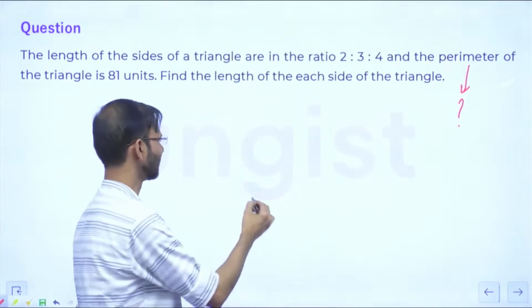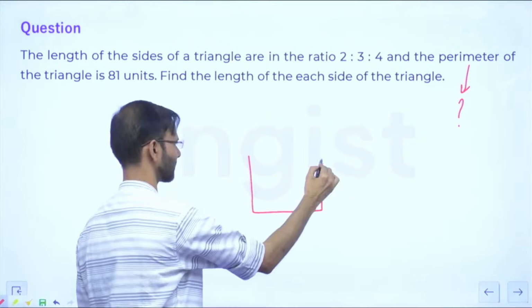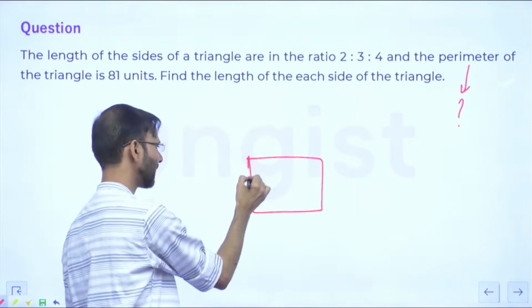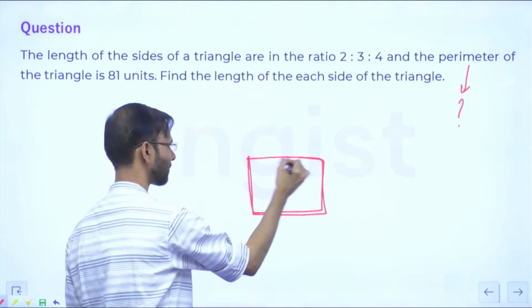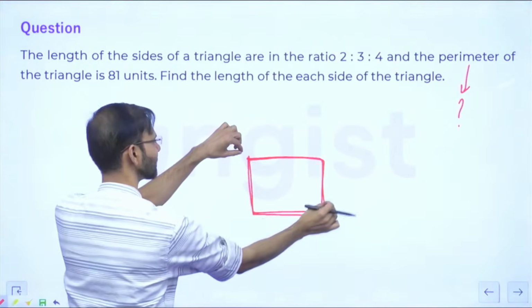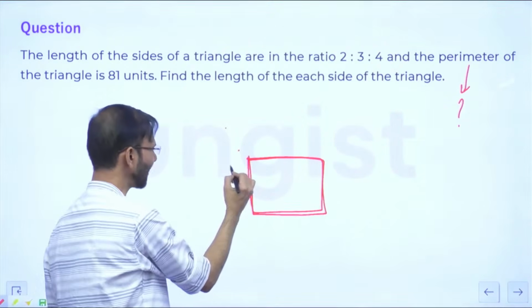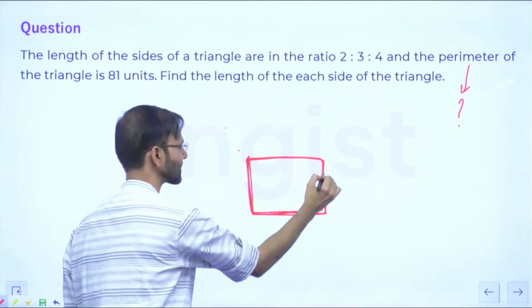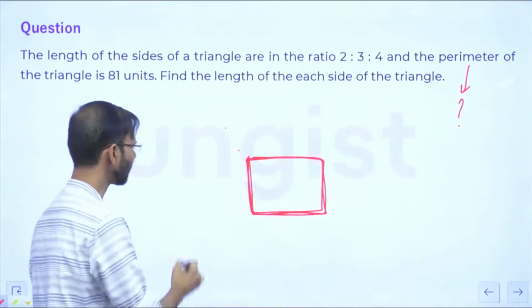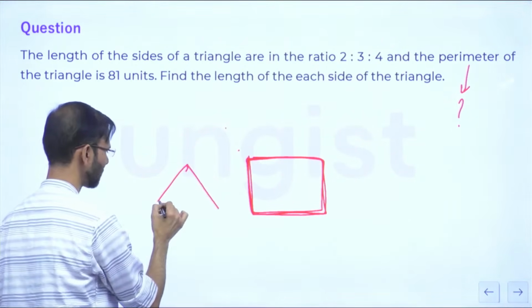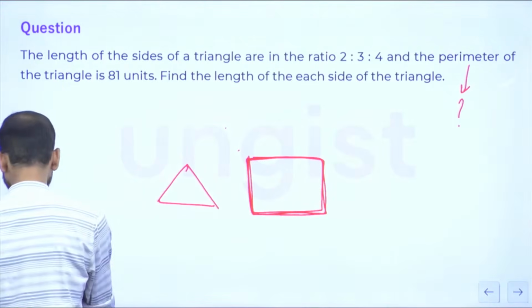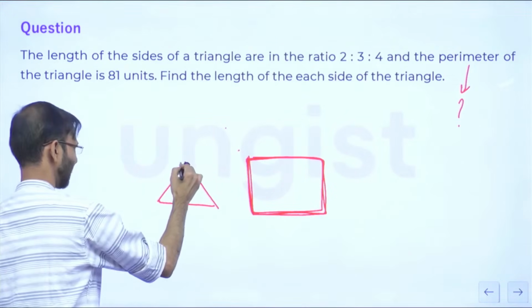Or like if let's say this is the figure. So perimeter will be what? The external boundary like this. Suppose that if you have to do the fencing, right? Got it? So perimeter means what? The sum of all the sides. It is like this. Got it? Or if a triangle is given, suppose that you have to do the fencing around this triangle.